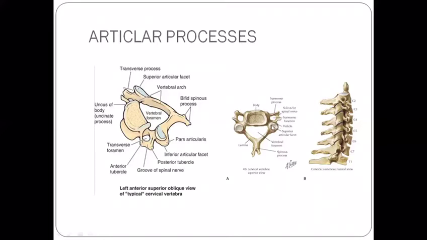The upper part of this articular pillar forms the superior articular facet, and the lower part bears the inferior articular facet. The superior articular facet is flat and faces upwards and backwards. The inferior articular facet is also flat, but it faces forwards and downwards.